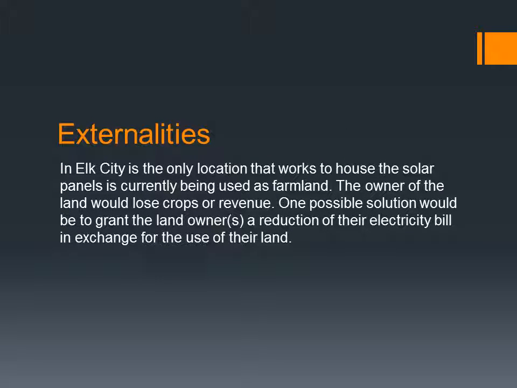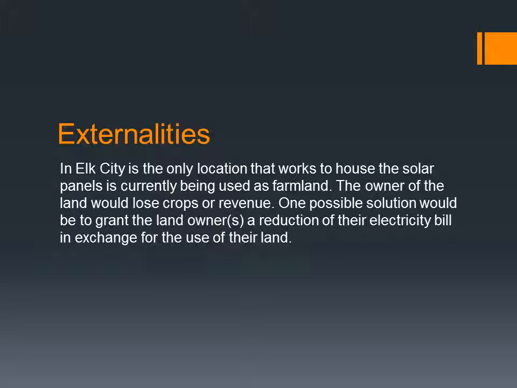Along with any power source or any transaction comes externalities. These externalities can change the effectiveness of the energy. The key to having a successful energy source is internalizing the externalities, or changing the negative externalities into positive externalities.